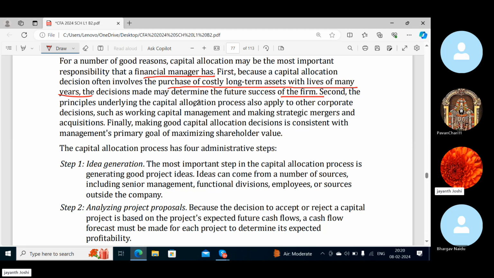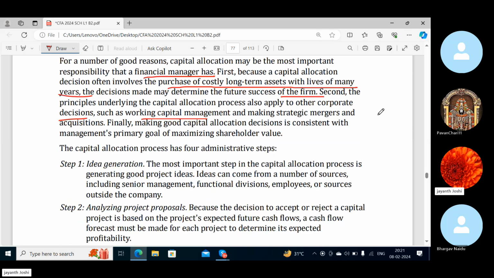Second, the principles underlying the capital allocation process also apply to other corporate decisions such as working capital management. Once you finally decide on the one project you are going to take up and put your money into, putting the capital in the project is not the final task.